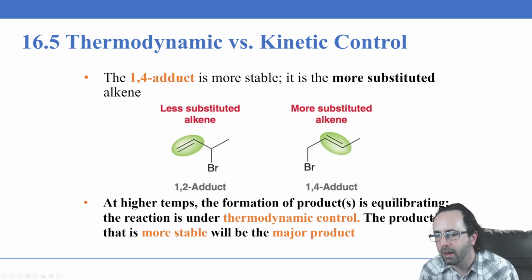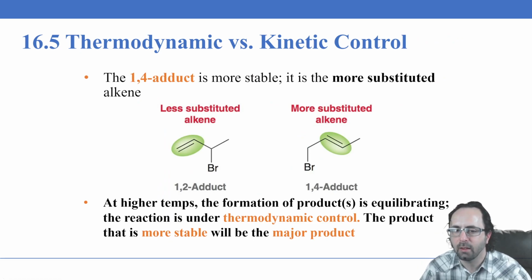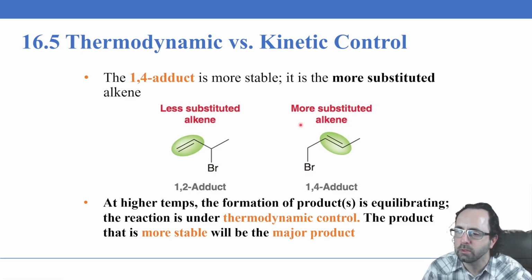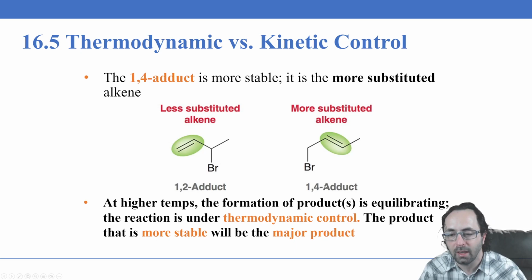So the 1,2 adduct, again, is the less substituted alkene, so it's less thermodynamically stable. However, it's kinetically favored because the intermediate is lower in energy, and so is the transition state leading up to the production of the product. However, the more substituted product is more thermodynamically stable.